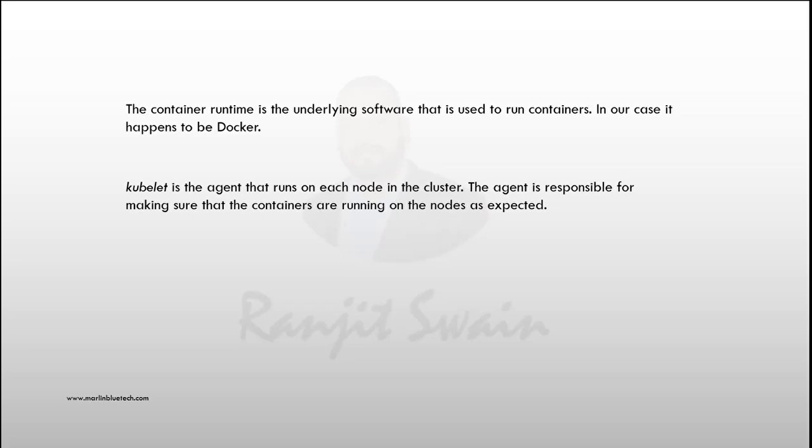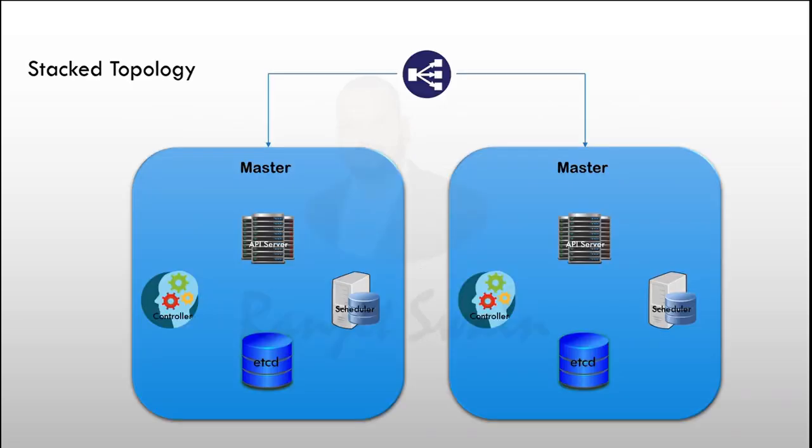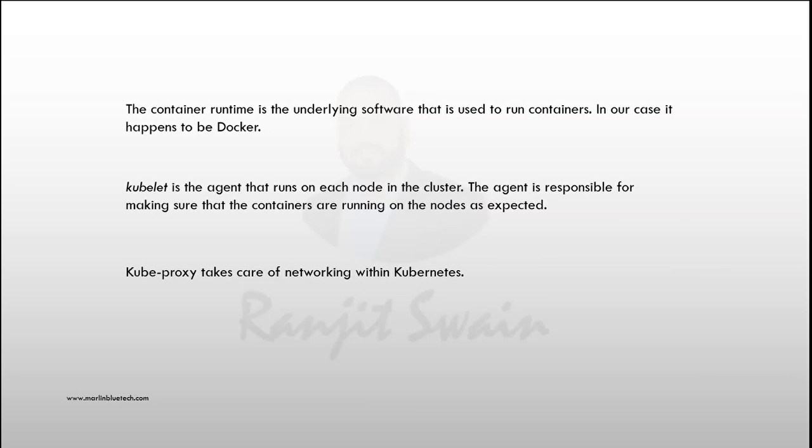So that is the kubelet's responsibility. Then kube-proxy, it is for networking. As I said, kube-proxy takes care of the networking within Kubernetes. Okay. You understood all this flow, right?